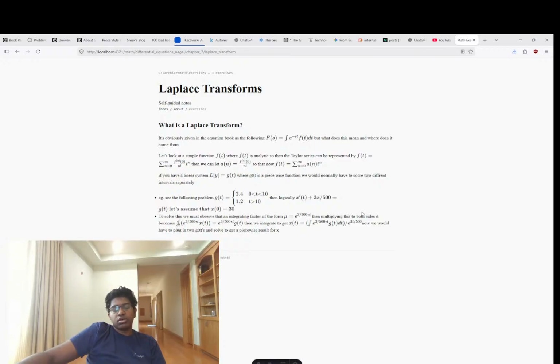So now you're taking the Laplace transform, which basically says we are going to look at F of s. Wait.